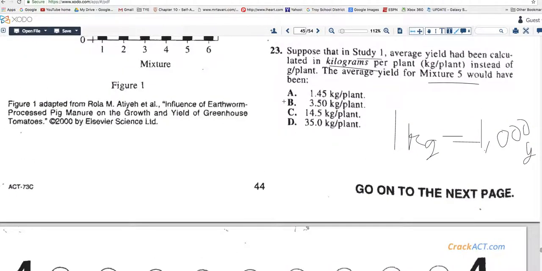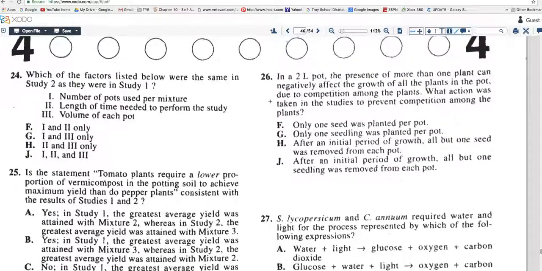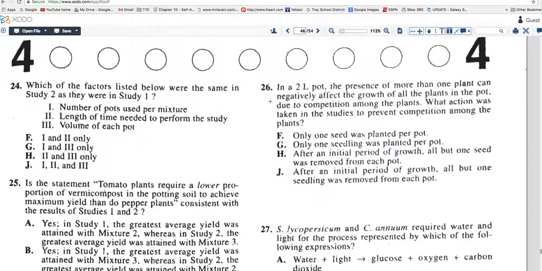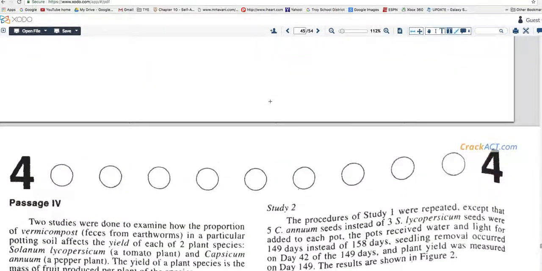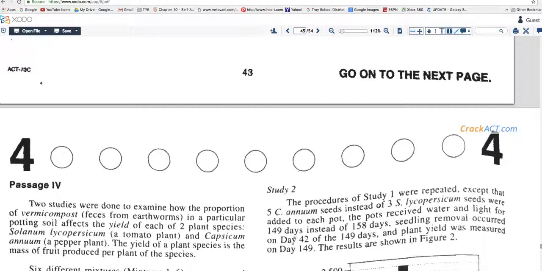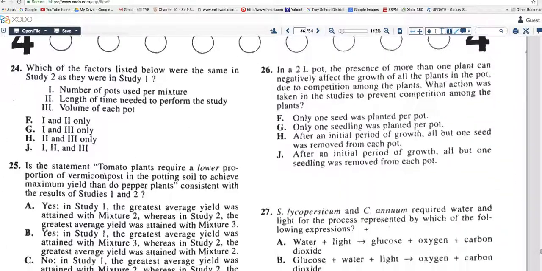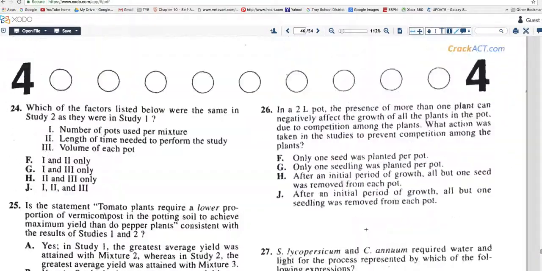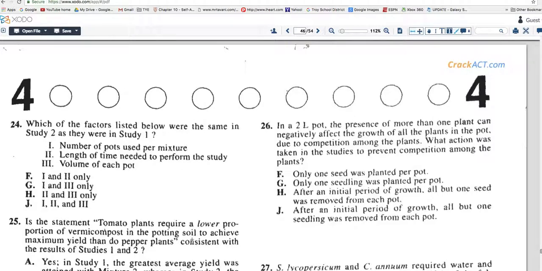All right, 24. Who wants to do it? What's the easiest way to figure this out? Instead of looking at what's the same, what do we look at? What's different? In study 2, it says that the seeds received water and light for 149 days instead of 58, and then also a different seed type instead of the original. So our two things they changed were the time and the type of seed.